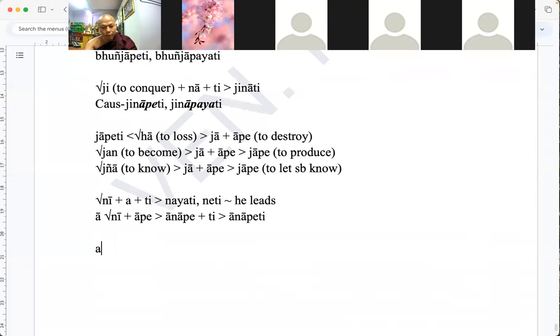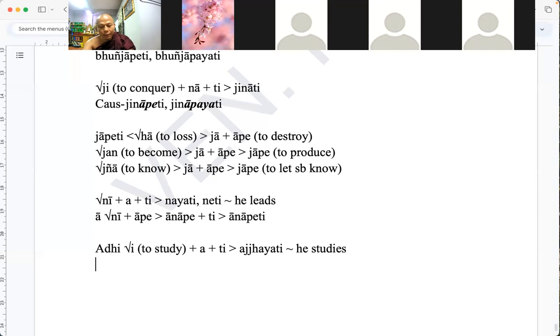So we have a D prefix root E. A D prefix root E means to study. So the sign is R and then D. So we have the Ijadi. Ijadi means he studies.